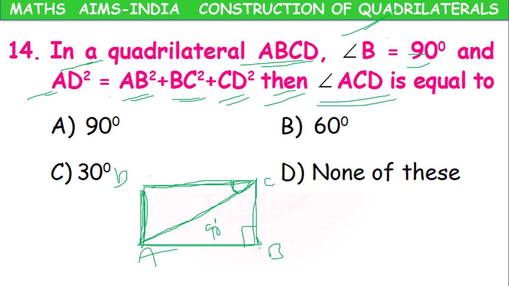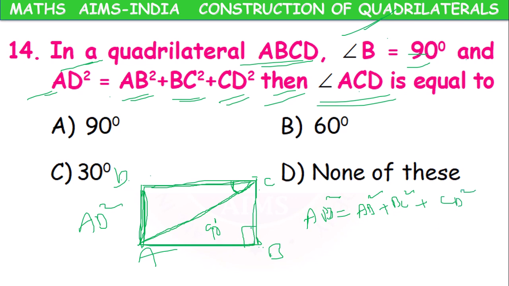So they have given AD square equal to AB square plus BC square plus CD square.